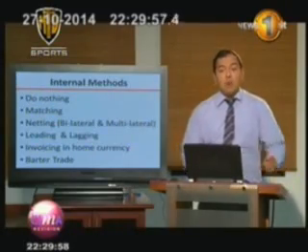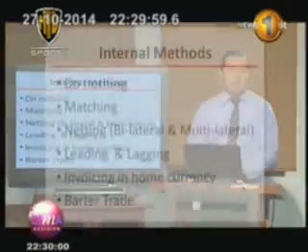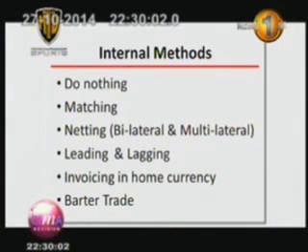And now we will move on to the different methods of hedging available, the internal methods of hedging. So we have your first available option, which is do nothing, a very easy method to adopt. You could engage in matching, you could engage in netting, be it bilateral or multilateral.